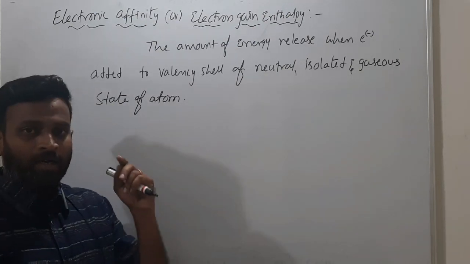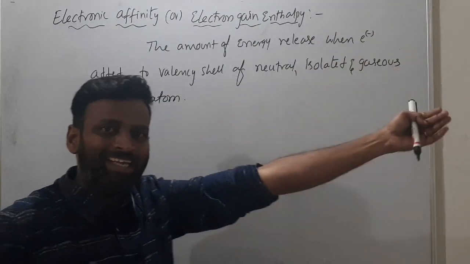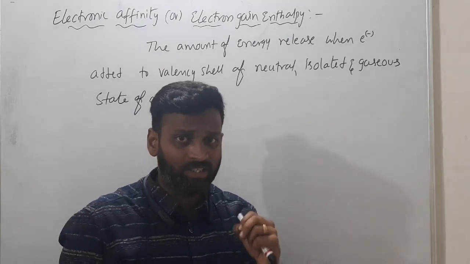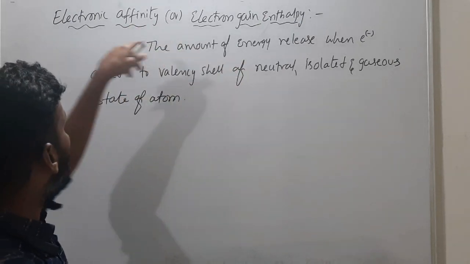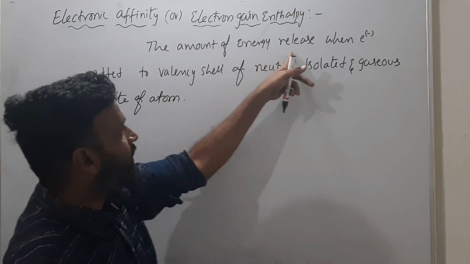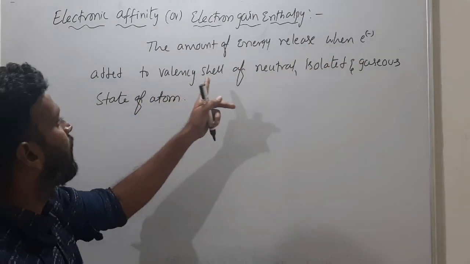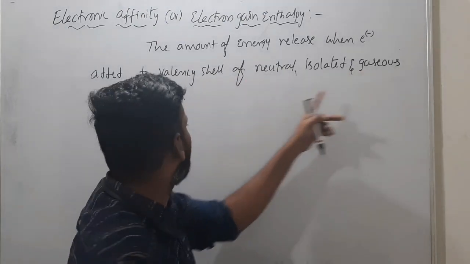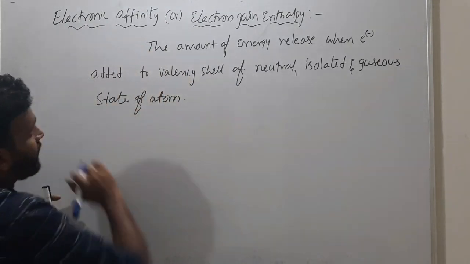See, removal of electron from valency shell itself, adding of electron also to valency shell only. So, what exactly electron gain enthalpy or electronic affinity means? The amount of energy released when electron added to valency shell of neutral isolated and gaseous state of atom is called electronic affinity.